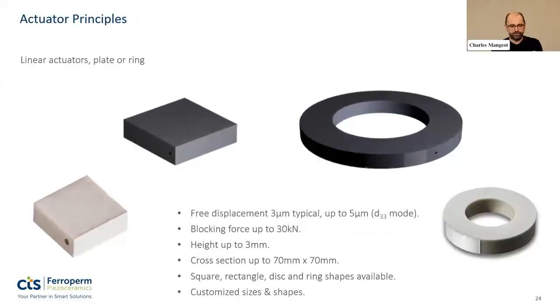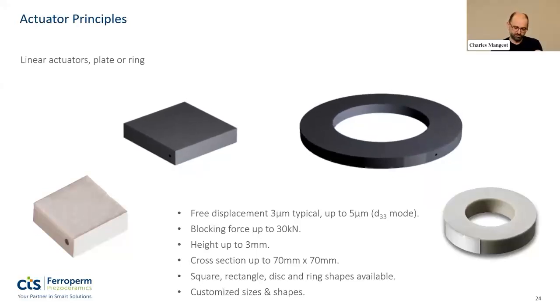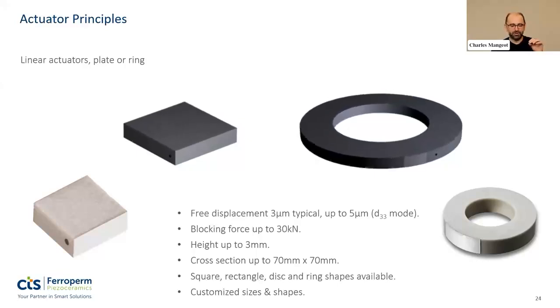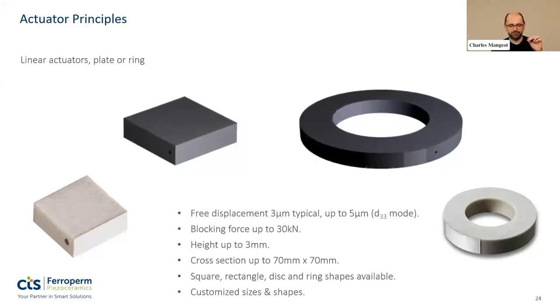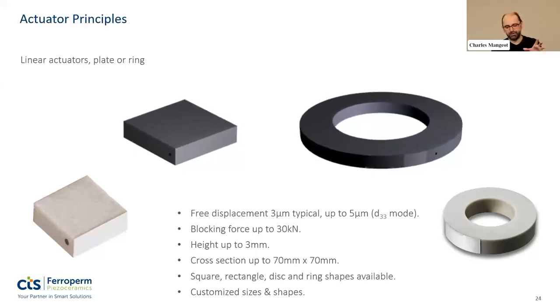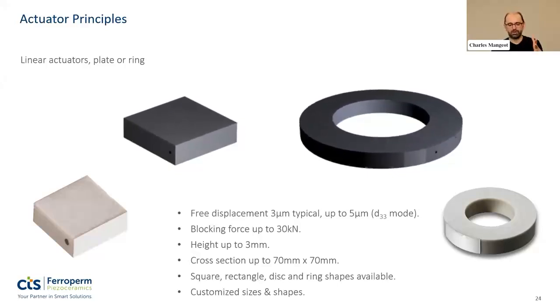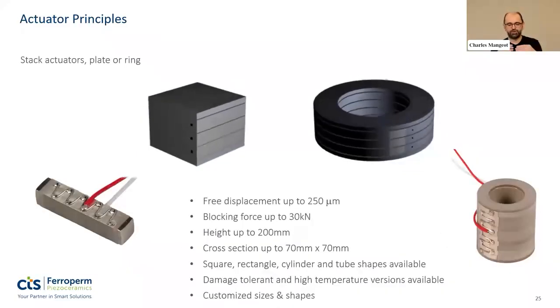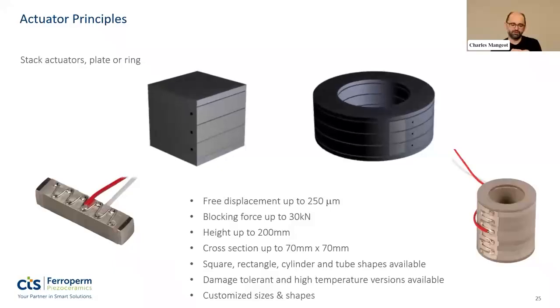Briefly through the principles, because I think we're rapidly running out of time. We manufacture actuators in single components that are typically 2 millimeters thick and that provide around 3 microns of displacement. And all this can be customized, of course. If more displacement is needed, our approach is to stack several of these individual components.